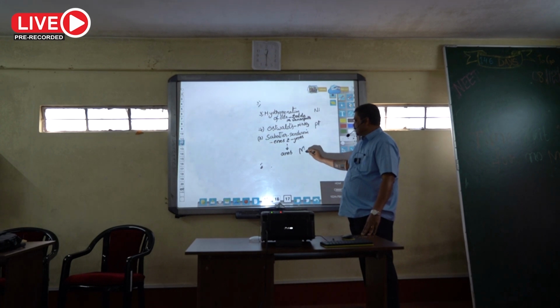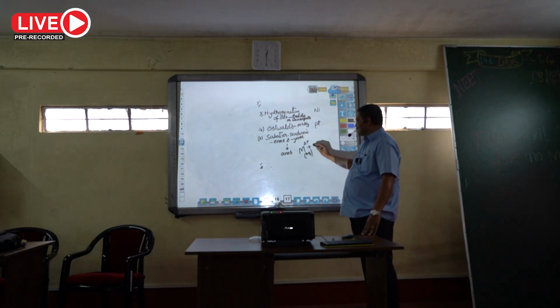These two we have to discuss. M2+ aqueous plus 2 electrons gives M solid. Similarly, M3+ aqueous plus 3 electrons gives M solid.